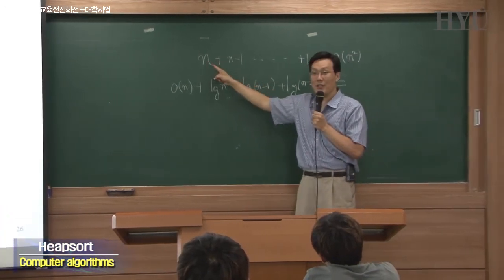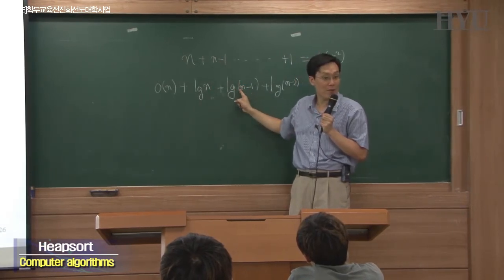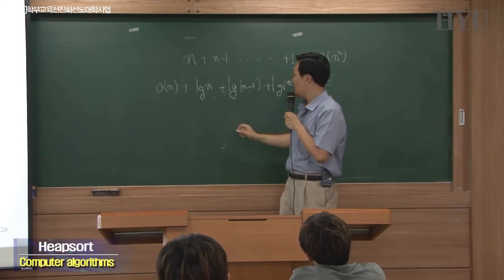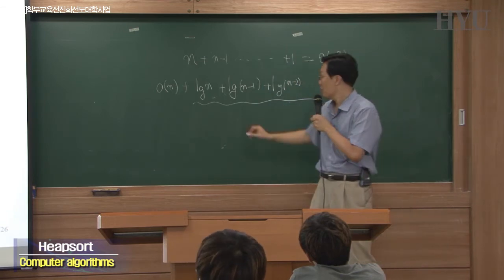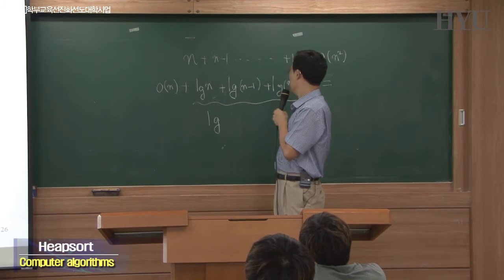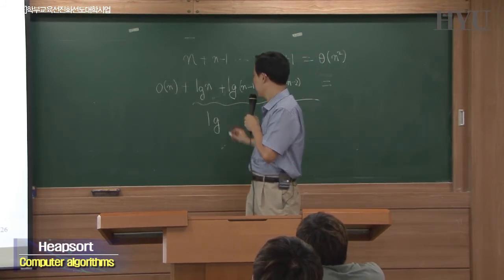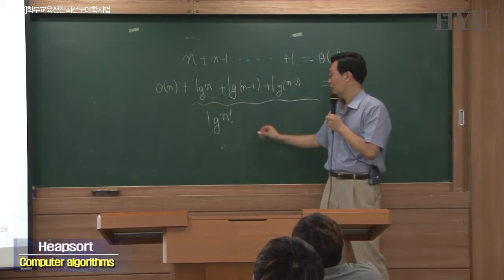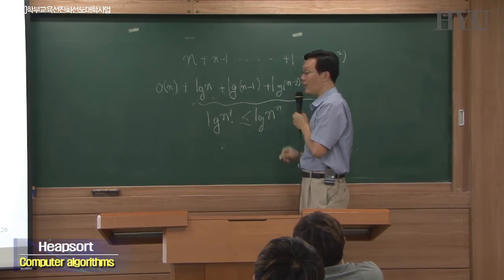So n is converted to log n, minus 1 is converted to log n minus 1. And we have to add all these terms. Okay, a simple formula is, it is log n factorial, and it's smaller than log n to the n.